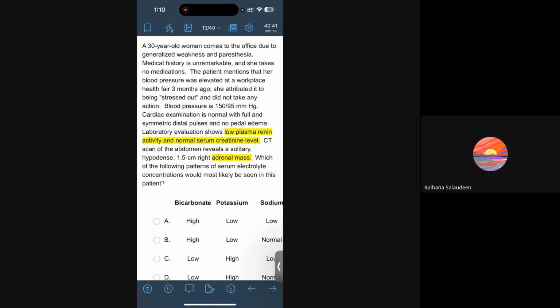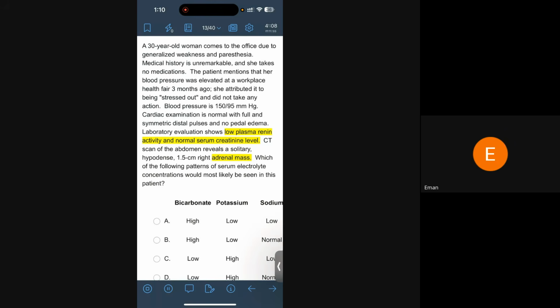Renin controls which adrenal hormone? Aldosterone. And we know the main pathological site is within the adrenal gland, because there is a mass in the cortex. Is the hyperaldosteronism in this patient primary or secondary?